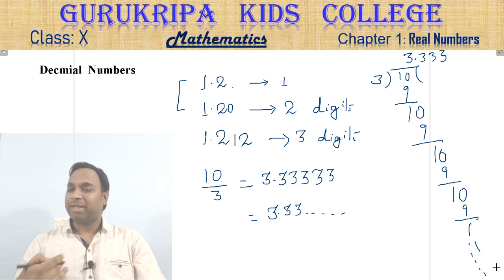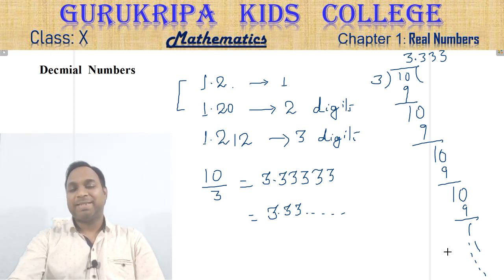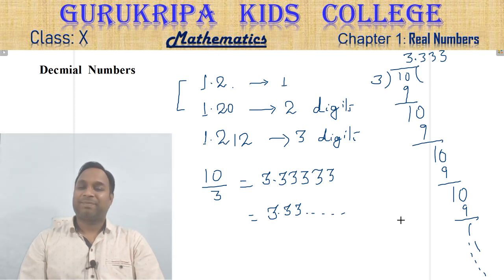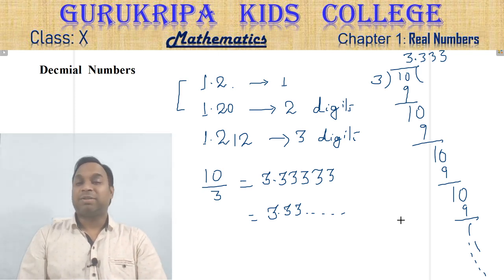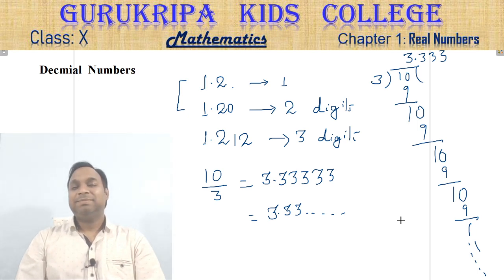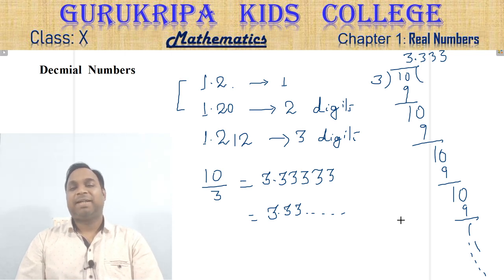But if you actually keep on doing it, it will go on. So you can say there are infinite number of digits after the decimal place. So that's possible. It is possible to have infinite number of digits after the decimal place, isn't it?